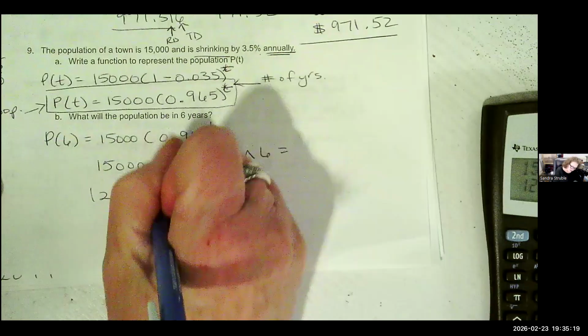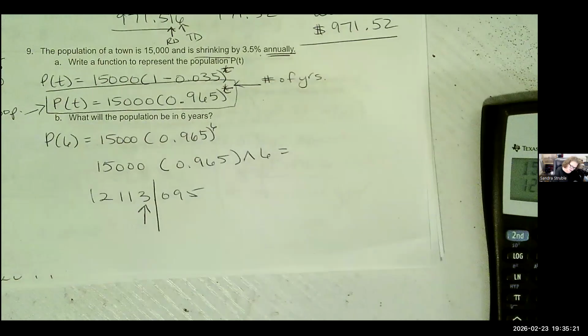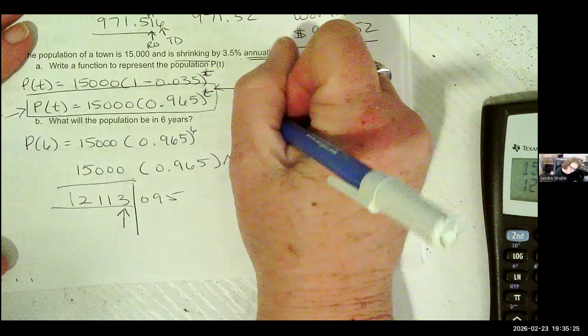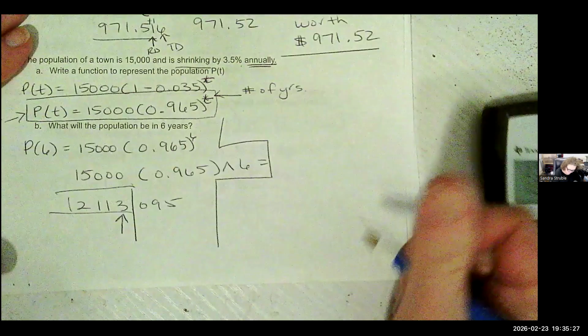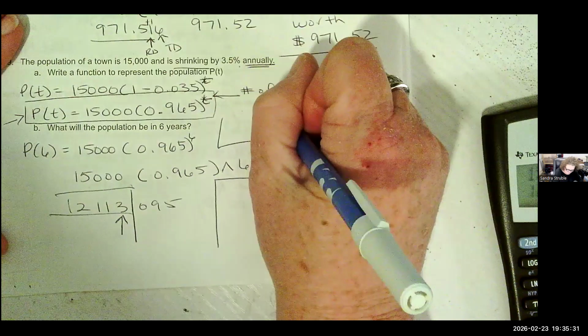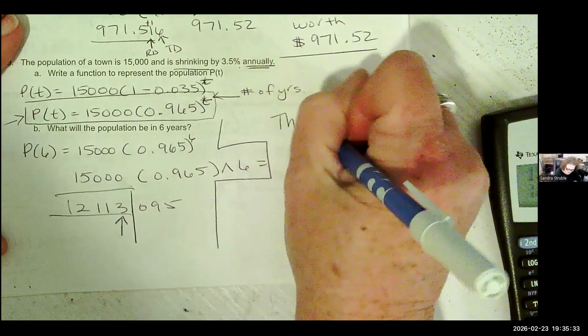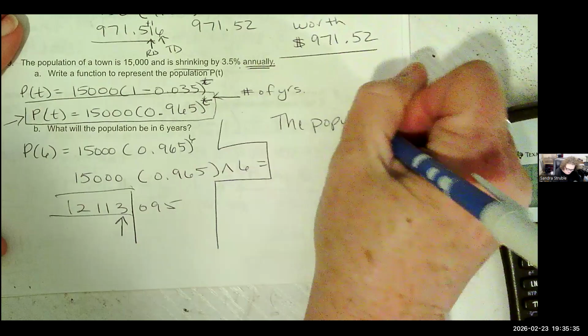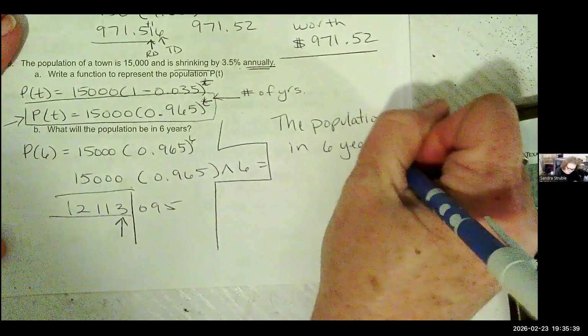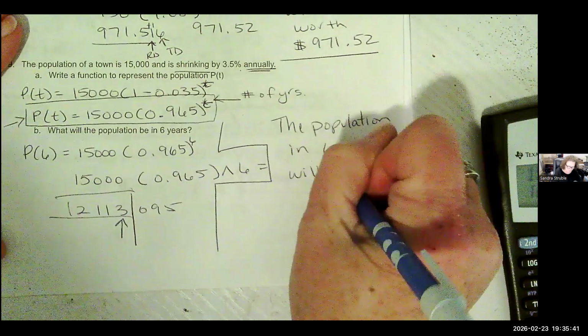You just leave the number you have there. So let's just write our sentence. The population in 6 years will be 12,113.